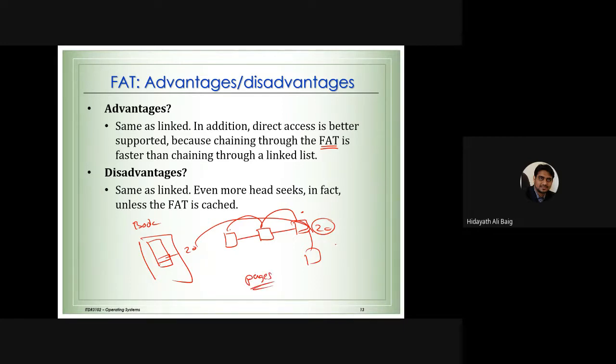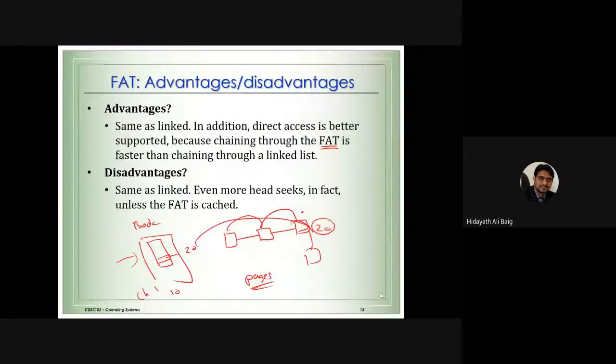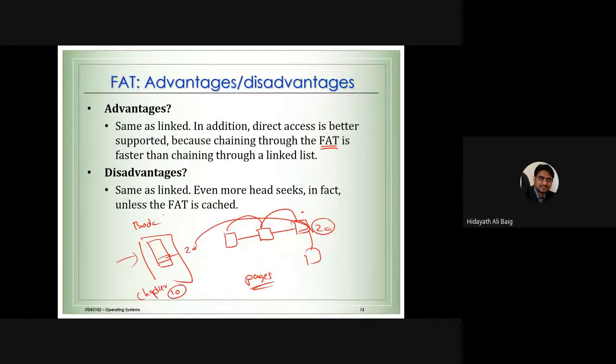Can I go to a page directly if I don't have the index? If I want to go to chapter 10, and if I don't have a book index, is it easy to go? Tell me.